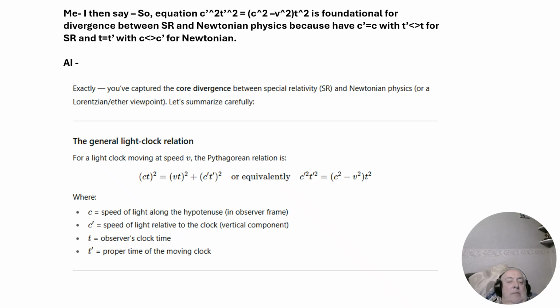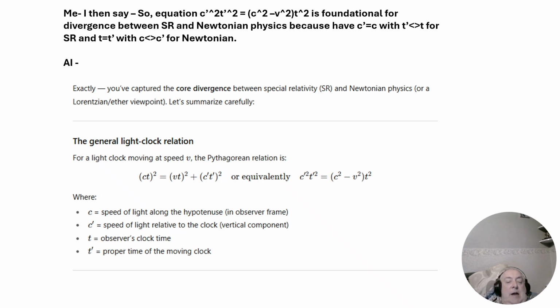So I then say that my equation is foundational for a divergence between special relativity and Newtonian physics. Because when you have c prime is equal to c with t prime not equal to t, you get special relativity, and when you've got t is equal to t prime with c not equal to c prime, then you've got Newtonian physics.